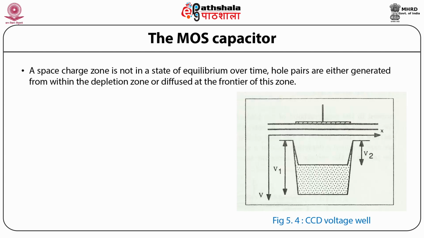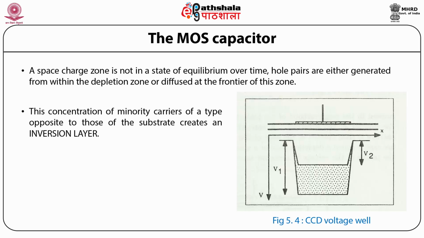Electron-hole pairs are either generated from within the depletion zone or diffused at the frontier of this zone. These electron-hole pairs are separated by the electric field, and the electrons accumulate in the neighborhood of the silicon dioxide interface. The concentration of minority carriers of a type opposite to those of the substrate creates an inversion layer.